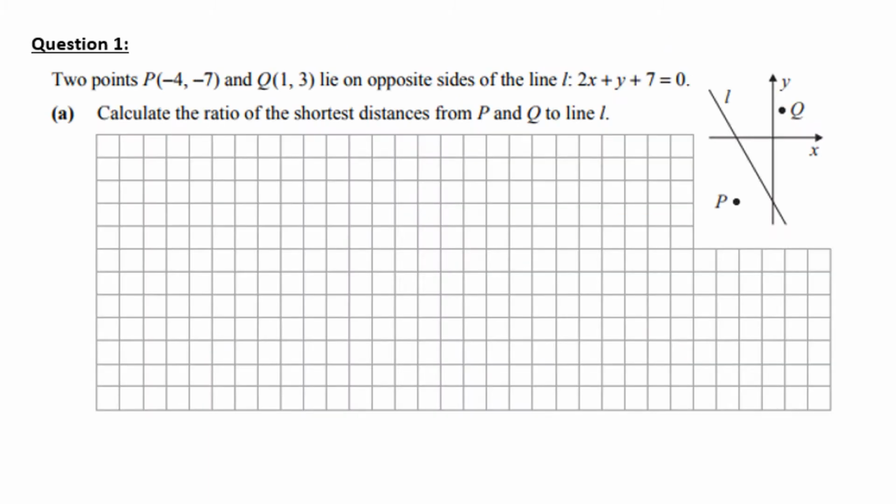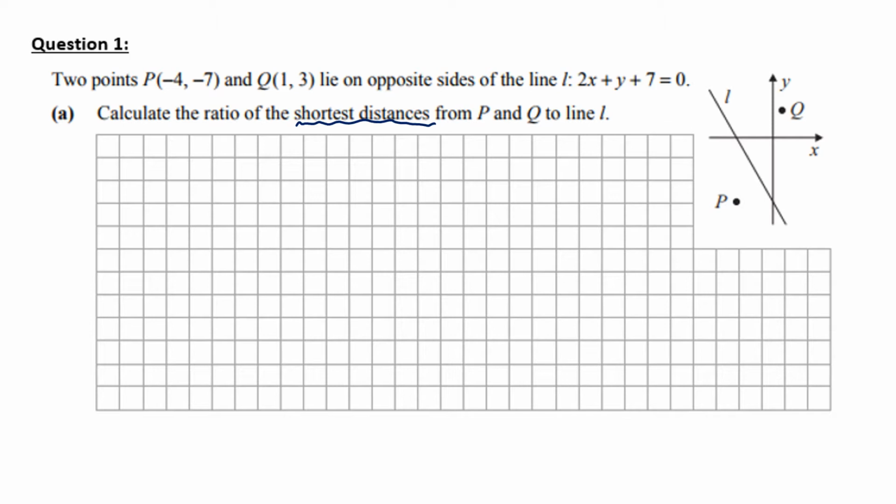So question 1 says 2 points P, which is (-4, -7), and Q, (1, 3), lie on opposite sides of this particular line. Calculate the ratio of the shortest distance from P and Q to the line L. So when we see shortest distance, we need to think of our perpendicular distance formula. That's really important.